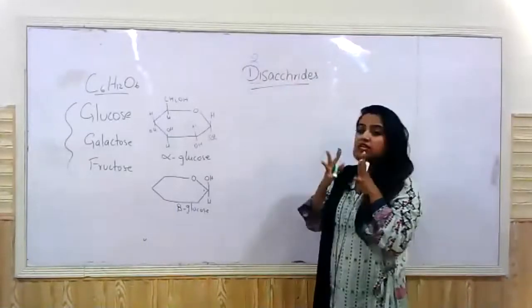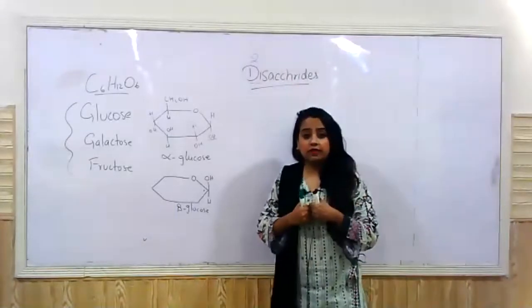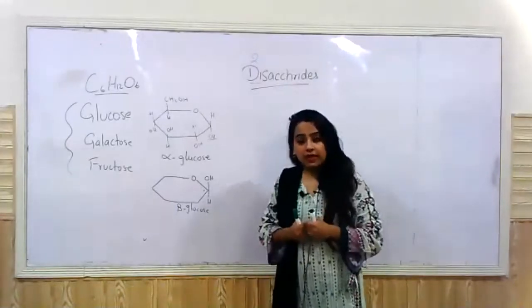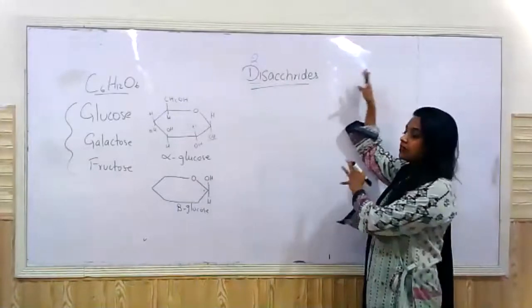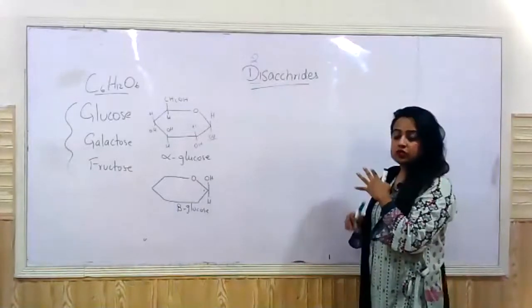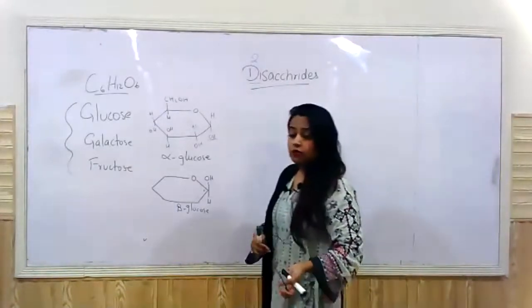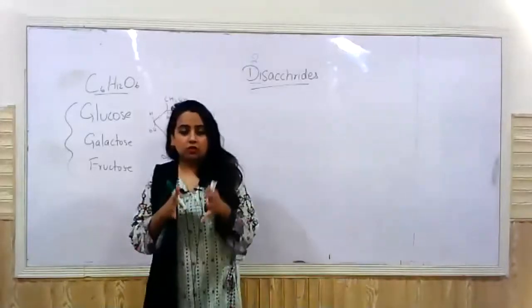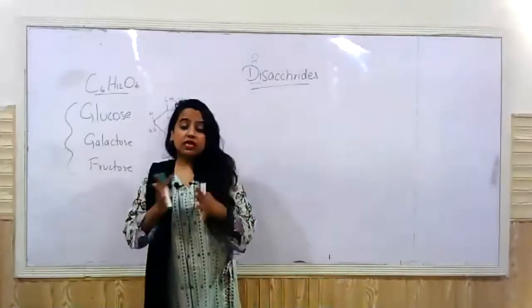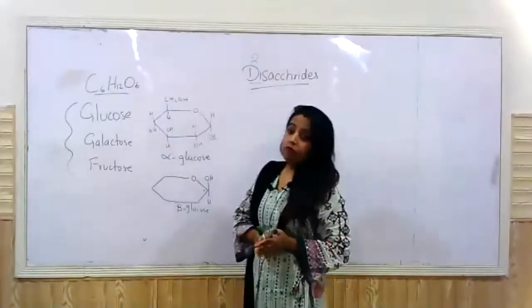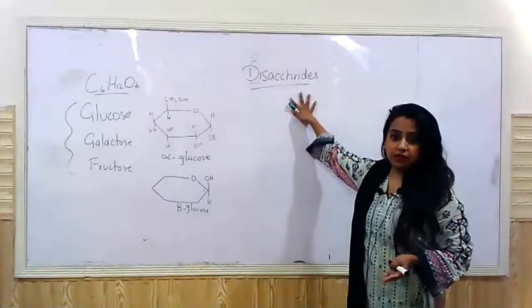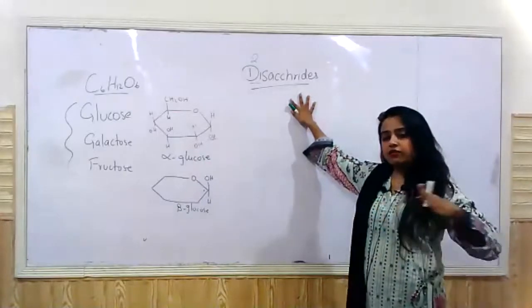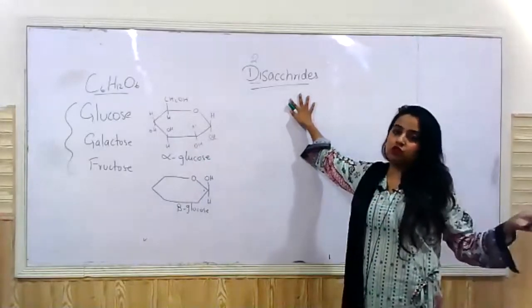So when 2 ring structures join together, they form a bond, they form a link, they form a disaccharide molecule, and then disaccharides lead to polysaccharides. So this is how this works. Monosaccharides, the basic unit, the monomer, right? Monosaccharides join together, they form bonds, and we'll see how, right? And they give rise to what? Disaccharides.